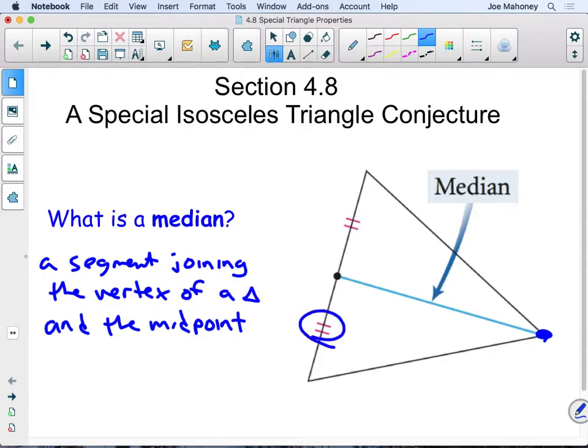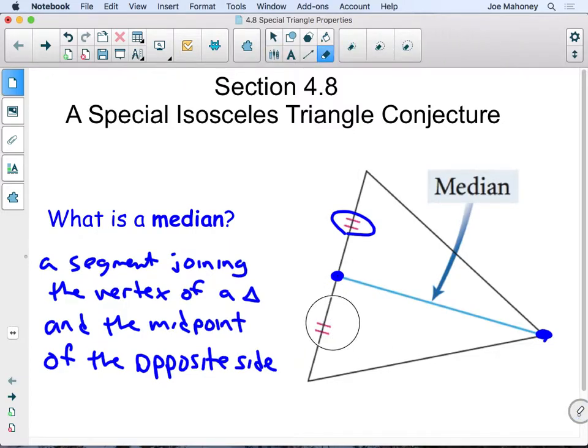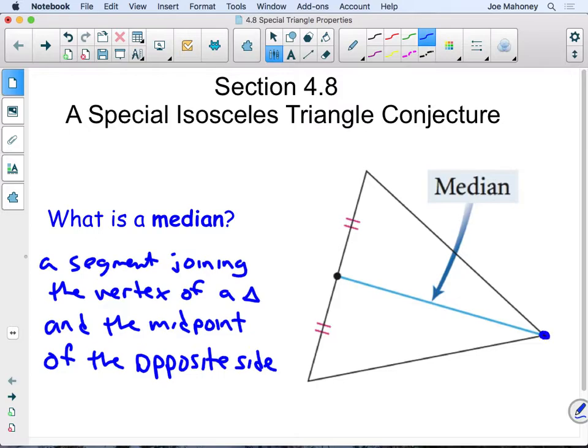Look at these two markings here. That tells us that the other endpoint is a midpoint, the midpoint of the opposite side. So based on our figure here, this vertex joins to the midpoint of the opposite side. So this is one median in a triangle.